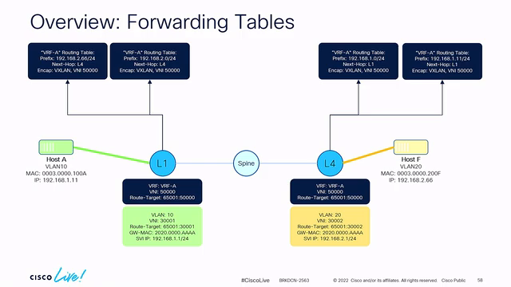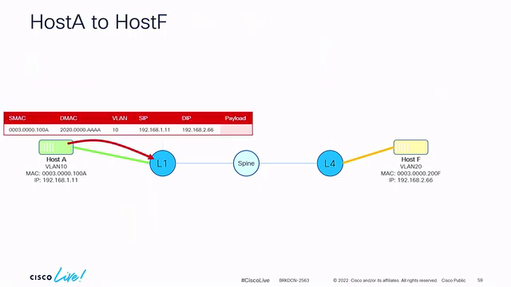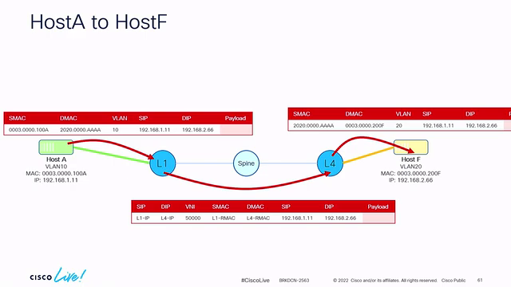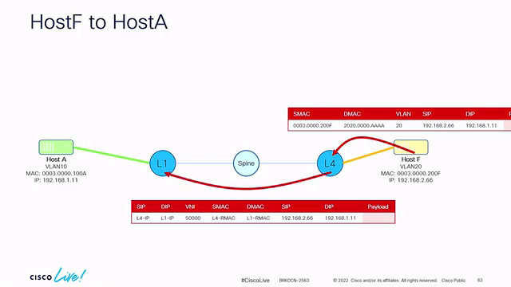And now, given you have a populated routing table, you can do routing from the most accurate source to the most accurate destination because you have host routes behind the respective VTEP. So when you do this, host A to host F, you follow the host route information you got as part of EVPN, as part of the installing of the forwarding table. And respectively, in the other direction, you do the same.